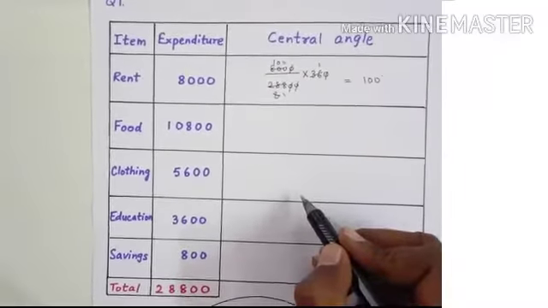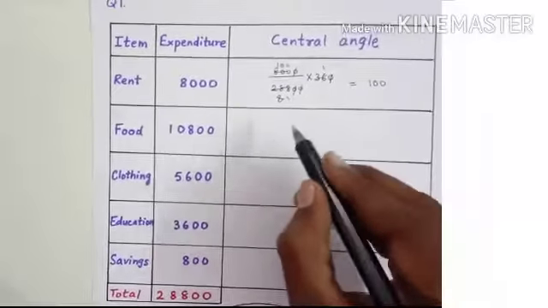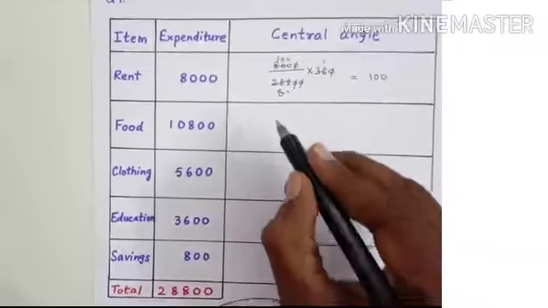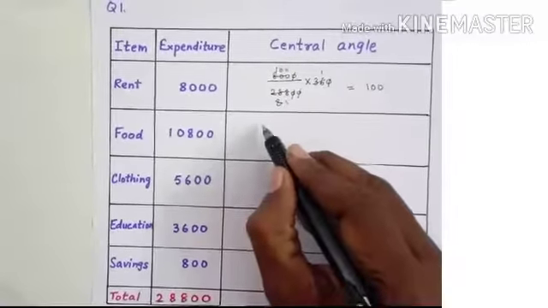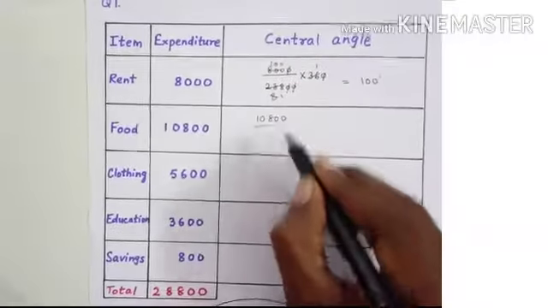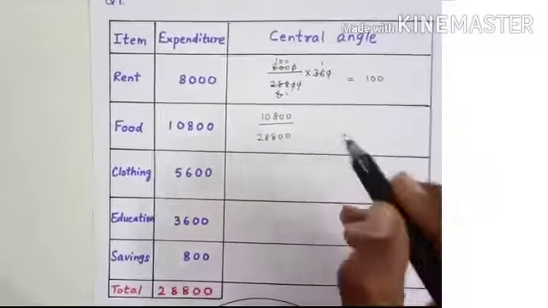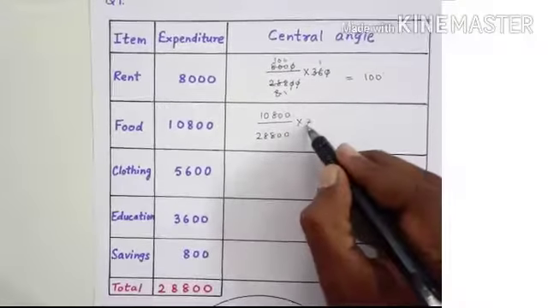Then we will find the central angle for food. Expenditure on food is 10,800 upon 28,800, which is the total, multiplied by 360.